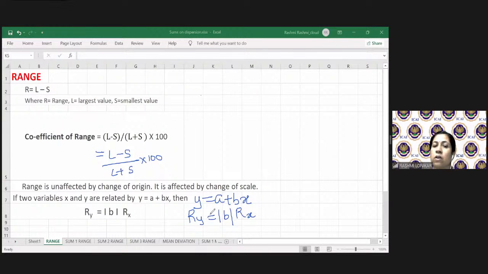So if x is changing, with a change of origin and a change of scale so that y is equal to a plus bx, then range of y will be the absolute value of b into range of x. So these are the small formulas that you should know for the range.